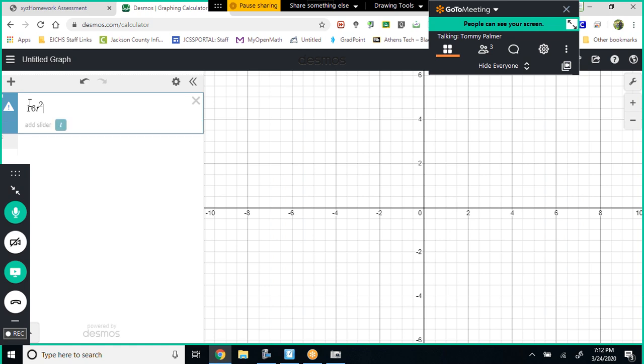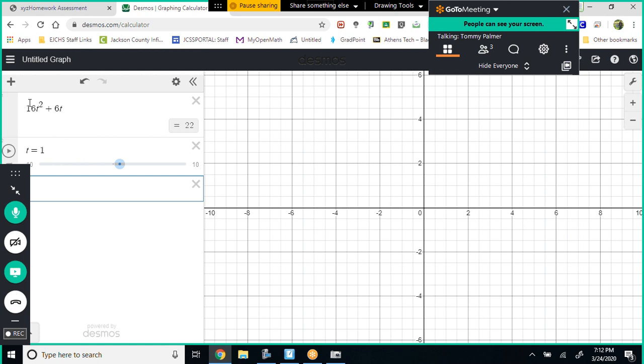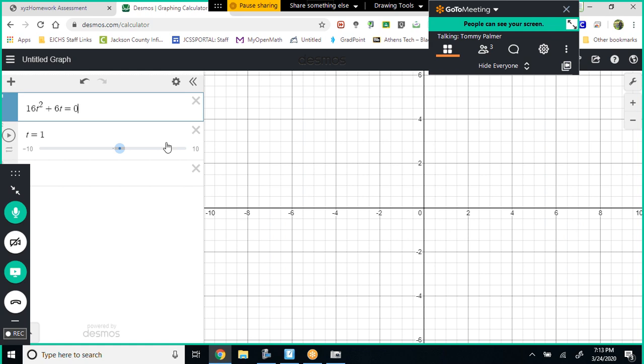Oh shoot, I hit equal. Sorry. Plus 6t. Okay, that's going to be in one of them, and then the other one, I don't want that. We'll set that equal to 0.